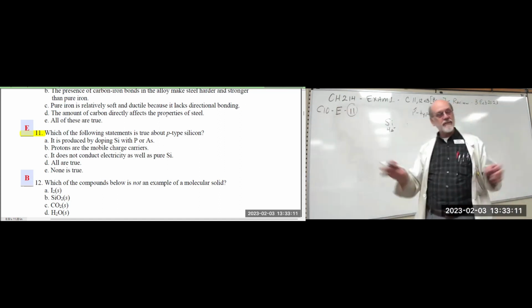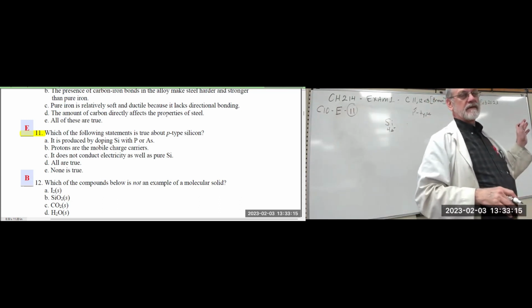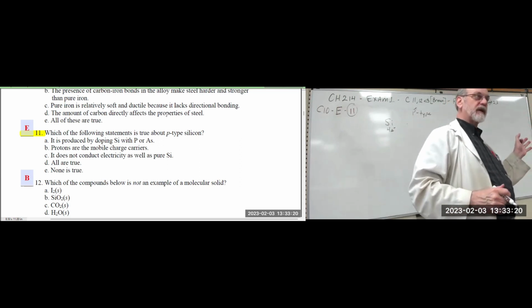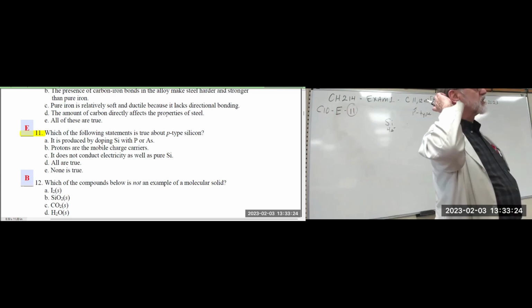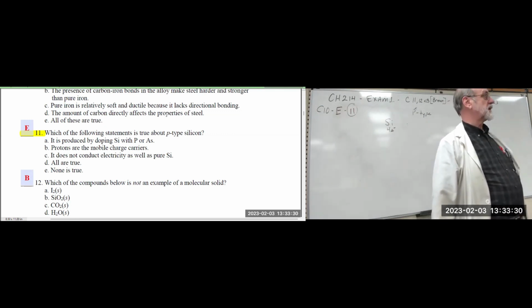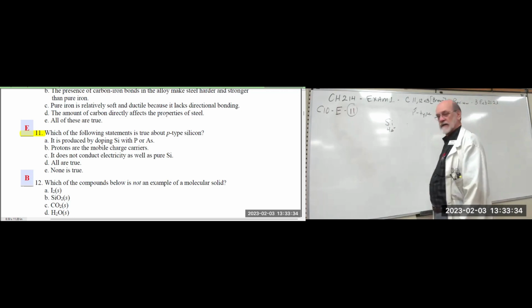So what we need is something to the left of silicon that has 1 or fewer electrons. So let's see, to the left of silicon is aluminum, gallium would work, indium would work, even boron would work. It has fewer electrons in it.